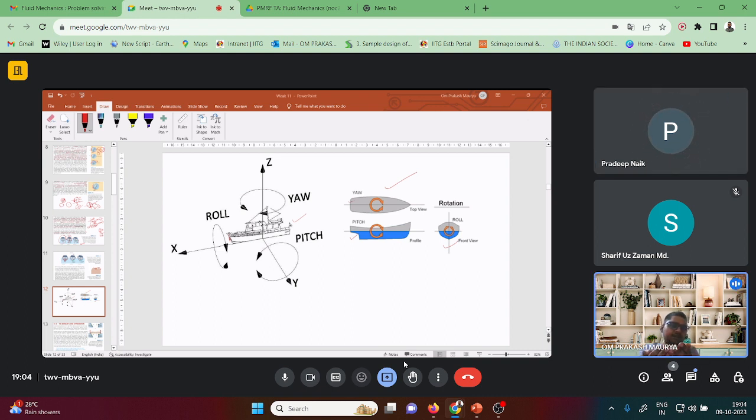If this body is moving this way, this is the rolling, right? If the body is moving this way, up or down, this is the pitching condition. And if your body is moving like this, this is the yaw condition, right? So this is a very important concept.